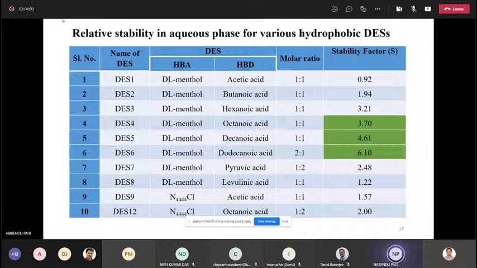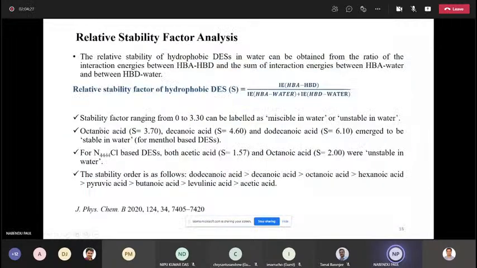These three eutectic solvents are hydrophobic or water stable in nature, whereas the other eutectic solvents are not stable in water. From that we can say that octanoic acid, decanoic acid, and dodecanoic acid have a higher stability factor, which makes them stable in water.